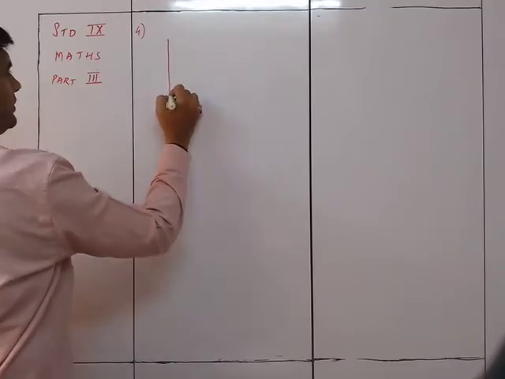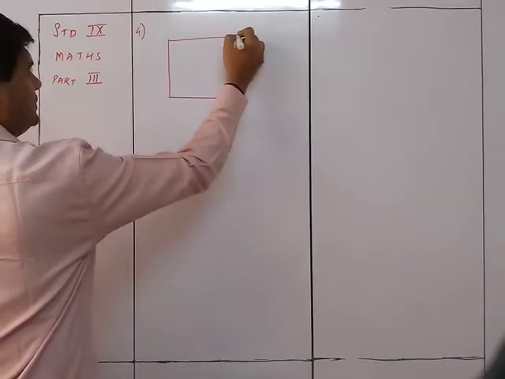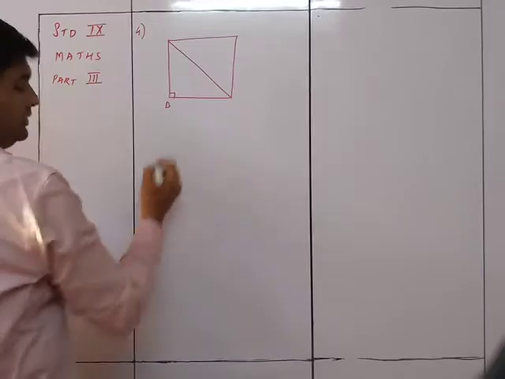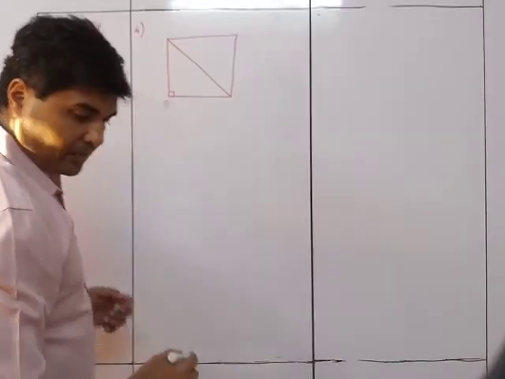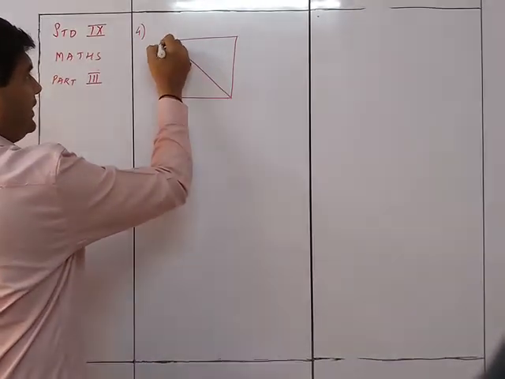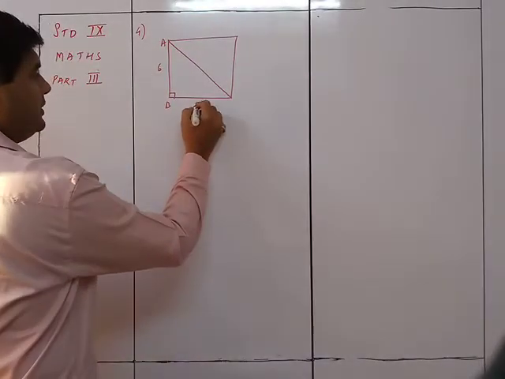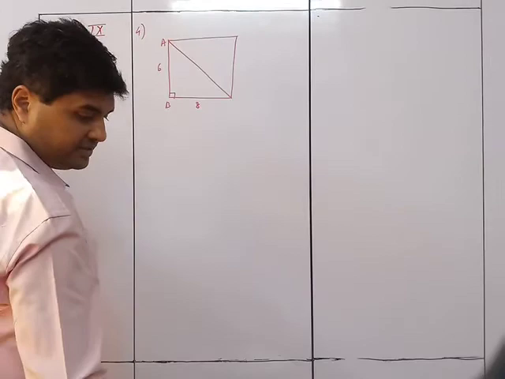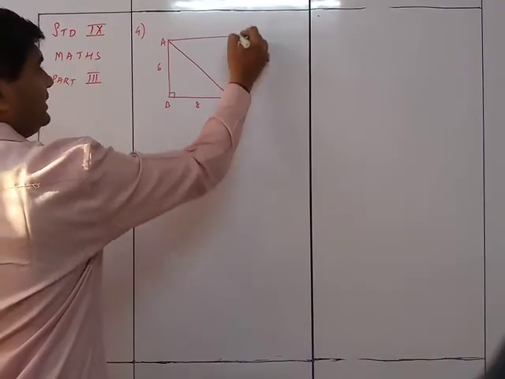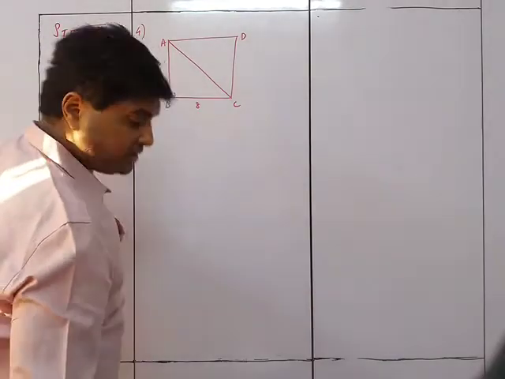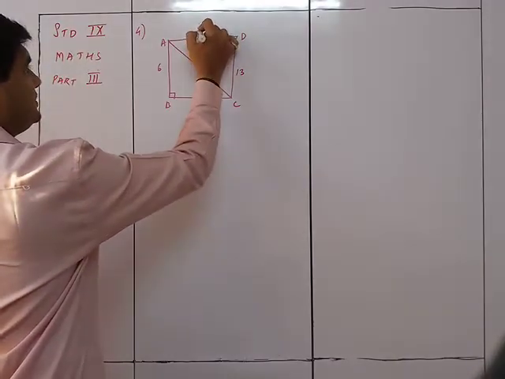You got something like this, and these are two sides like this. So angle B is here. AB is 6, BC is 8, and CD and AD are 13 each. This is 13 and this is 13.